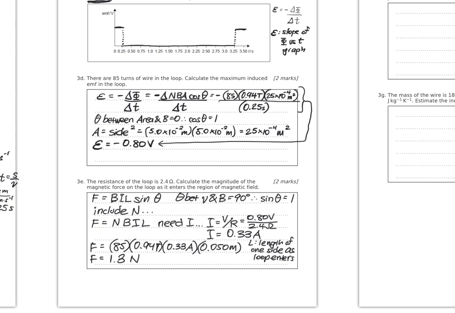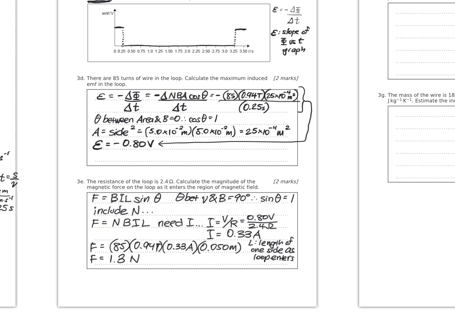So you have 85 turns. Magnetic field strength is 0.94 Tesla. The current is 0.33 amps. I did that with R equals V over I, or I equals V over R, using the voltage from 3D, of course, to get 0.33 amps as the current. And then the length of that one side as it just enters the field is 0.05 meters, because it's 5 centimeters.